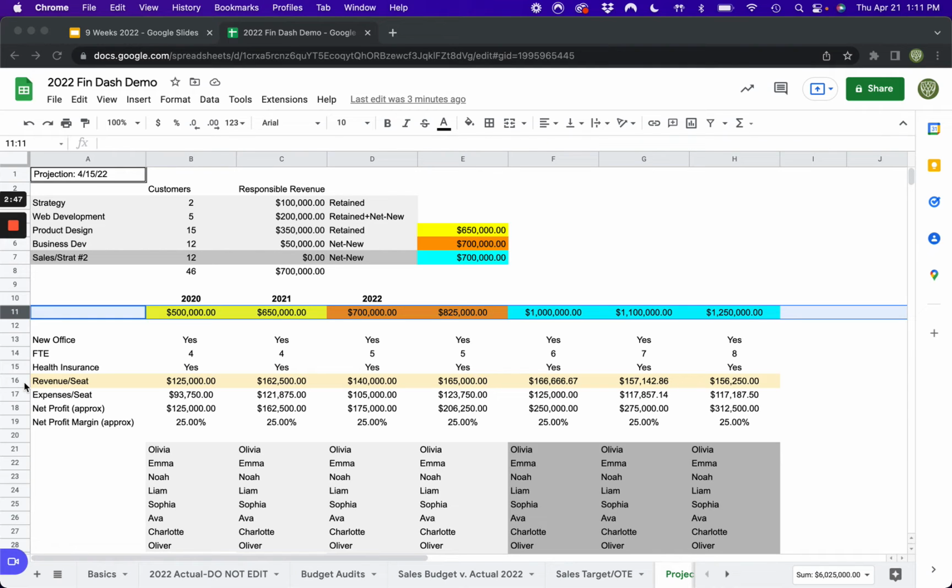How much will that add to my bottom line and my expenses every time I hire on a new employee? And that delta, that ratio, revenue per seat and expenses per seat, allows me to see, as I look into the future, a few years, am I keeping with that range of what my business has done in the past historically?